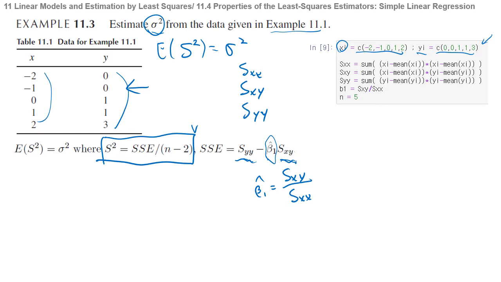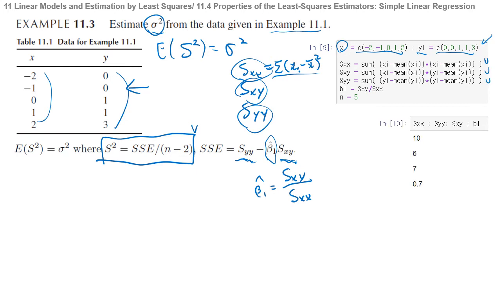So we need to calculate everything. To do that, sxx is the sum of xi minus x bar squared. So to calculate that, we will write it this way in our R code, and from these calculations we can check that our sxx is 10, our syy is 6, our sxy is 7, and our beta 1 is 0.7.